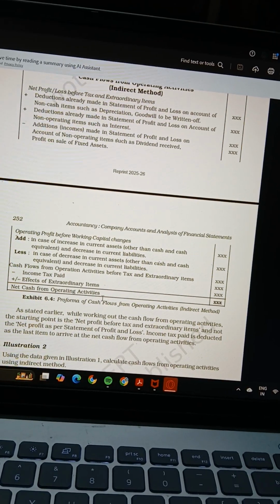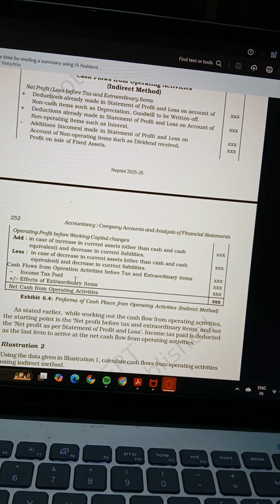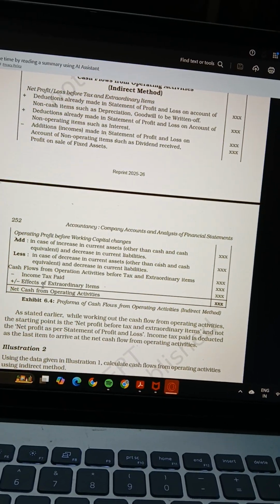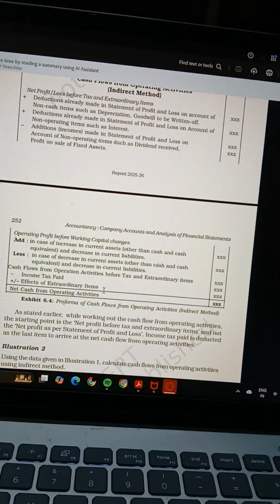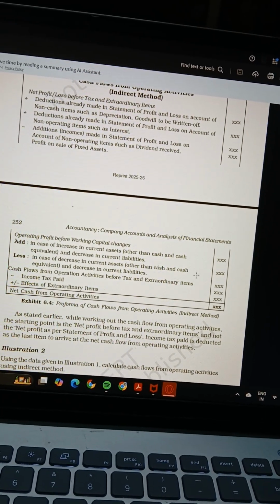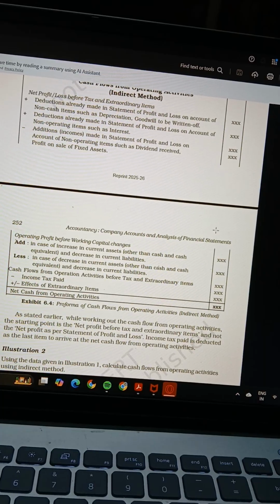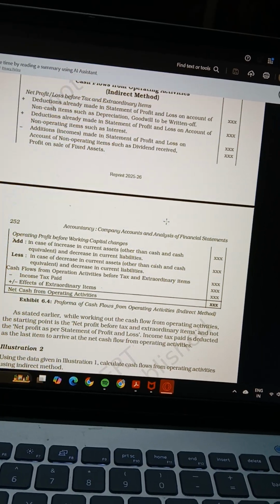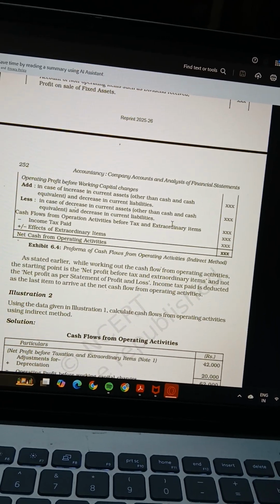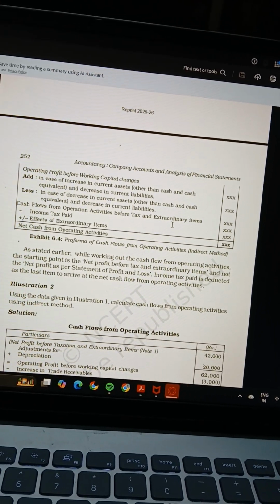Then we have to reduce the income tax paid from this, plus or minus the effect of the extraordinary items as per the question given. By doing all these, we get the net cash from operating activities.